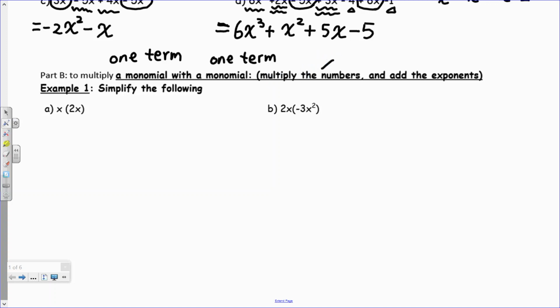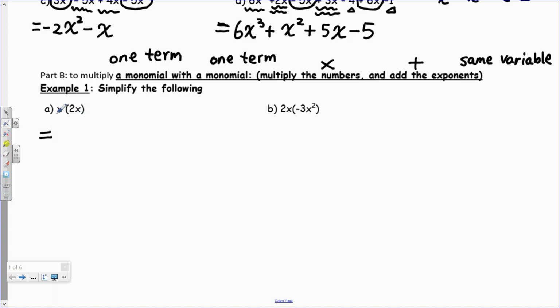One is times, and another is adding the degrees for the same variable. If it is a different variable, you cannot add the degrees together. If you have the same variable multiplying together, you add the exponents for that variable.